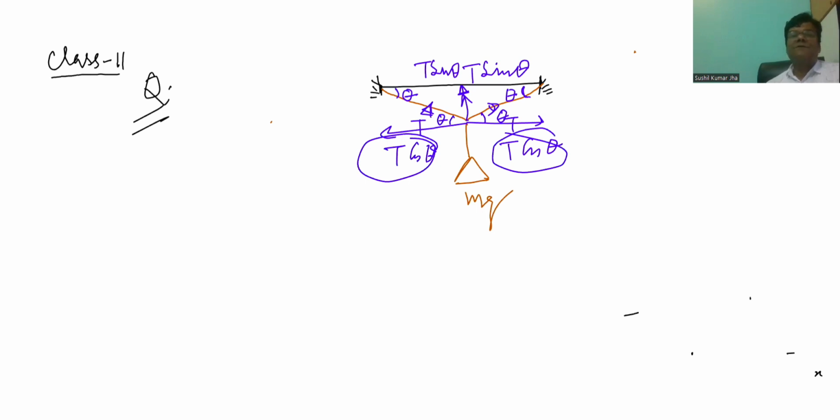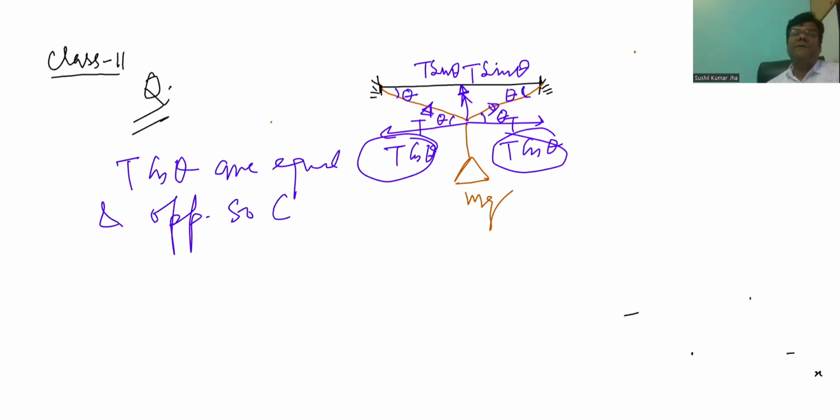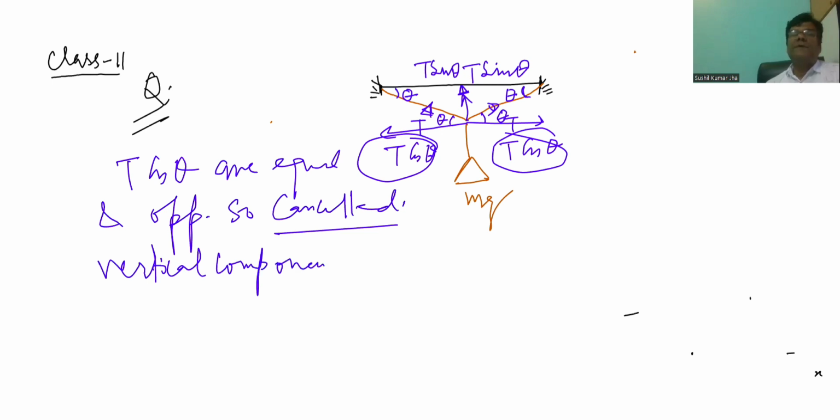So T cos theta are equal and opposite, so cancelled. Now vertical component, when we talk about vertical component, then this T sin theta and T sin theta, so it will be added to 2T sin theta.